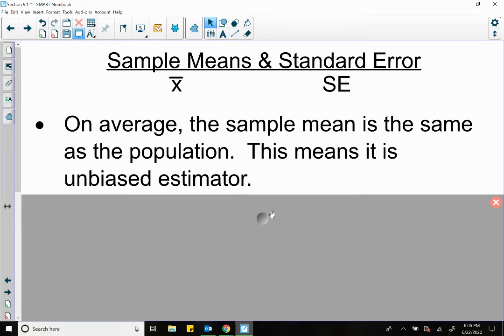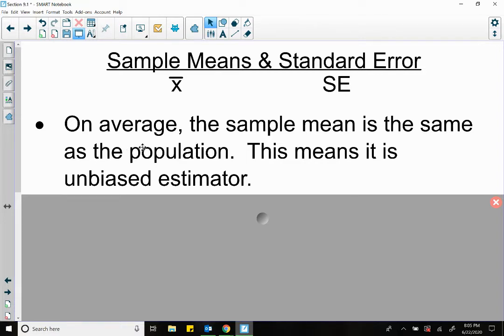On average means that we need to have multiple means that we average out. So if we ran a random sample multiple times, and we took all those means and averaged them, like getting a mean of all the sample means, it should, on average, be the same as the population.